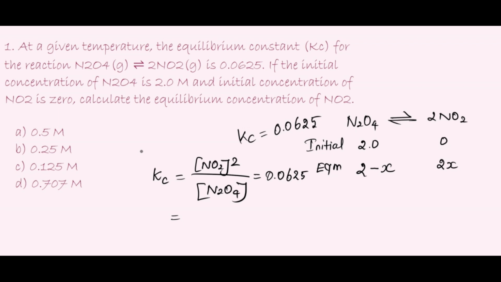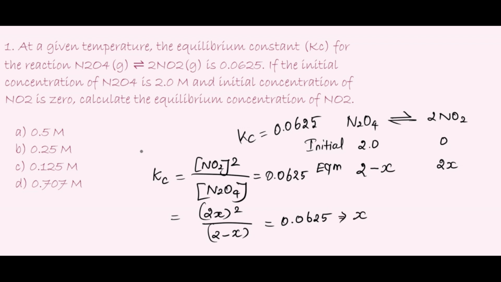So (2x) to the power 2 over (2 minus x) equals 0.0625.